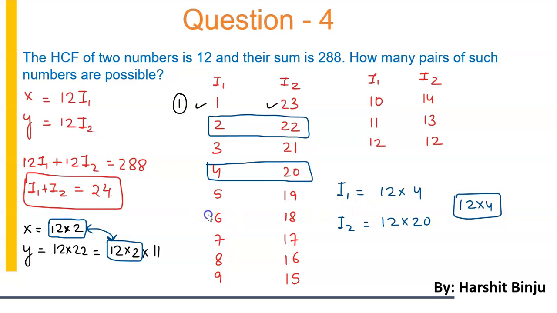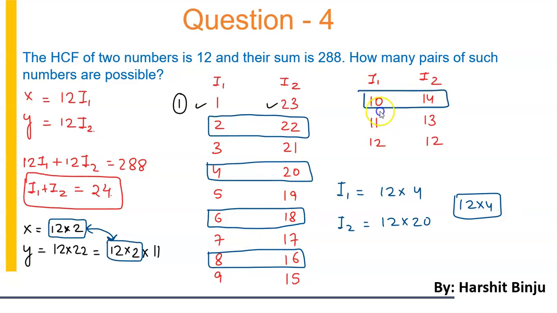Similarly for 6 and 18, it's again not applicable. For 8 and 16, again it's not applicable. For 10 and 14, again it's not applicable, and for 12 and 12 it can't be applicable because when both numbers are 144, the SCF will be 144. So even pairs will never satisfy in questions like these, because apart from the number which you want their SCF to be, you will always have 2 as another number which is part of the SCF.